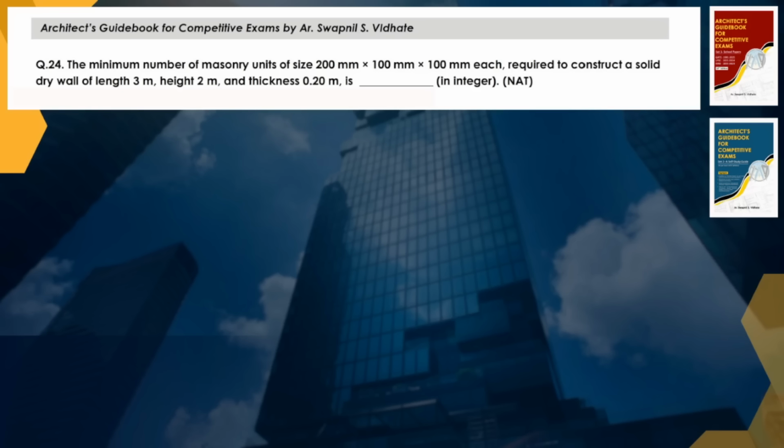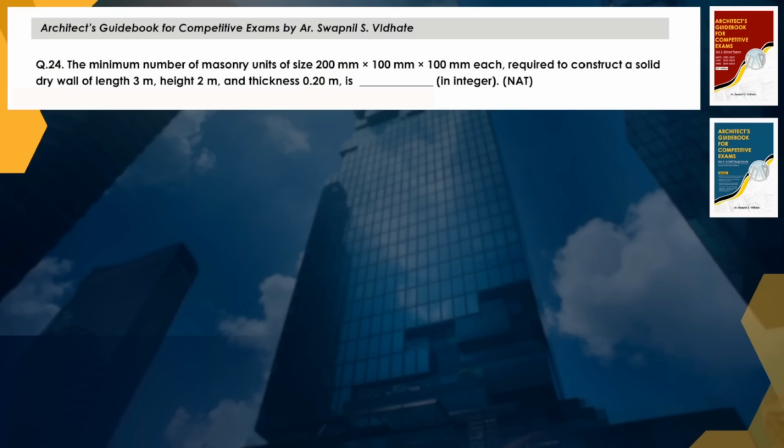Question 24. The minimum number of masonry units of size 200 mm by 100 mm by 100 mm each required to construct a solid dry wall. Please underline this: solid dry wall. They are not using any mortar in between the bricks or the masonry units.